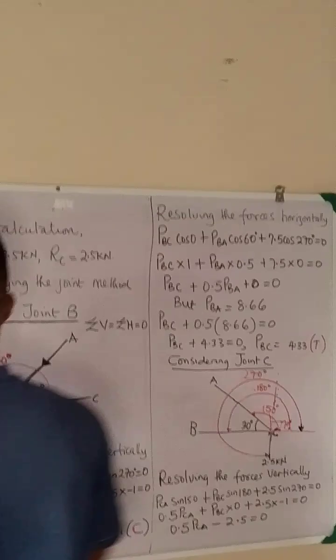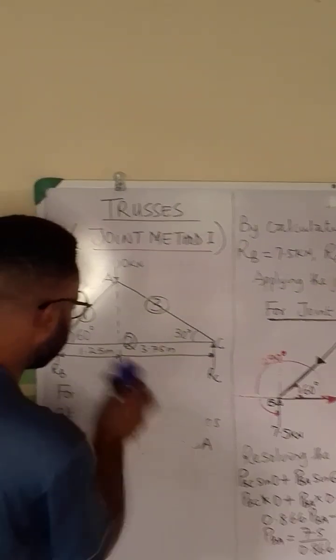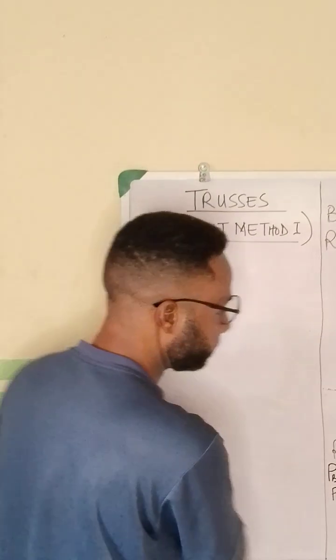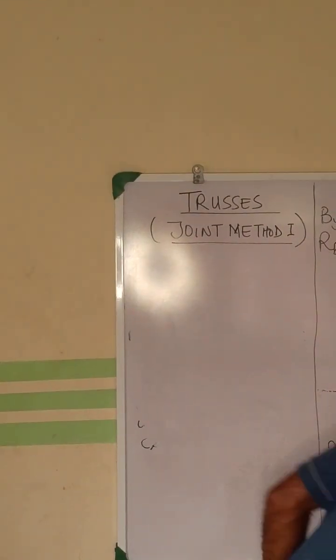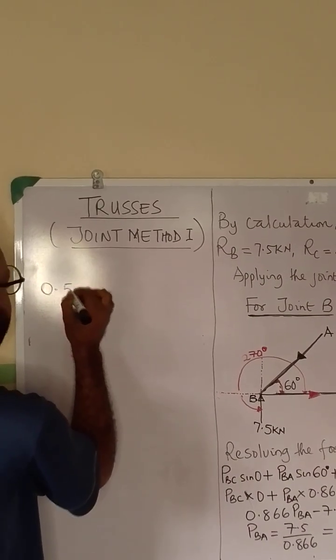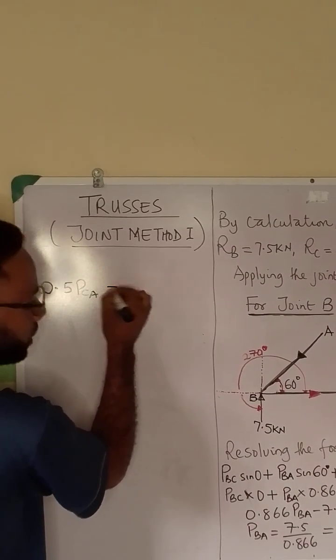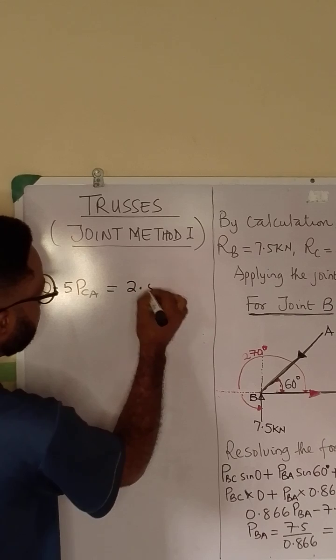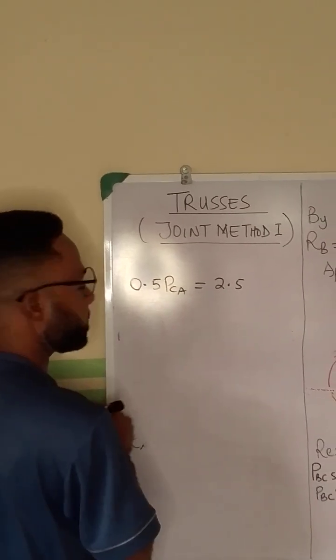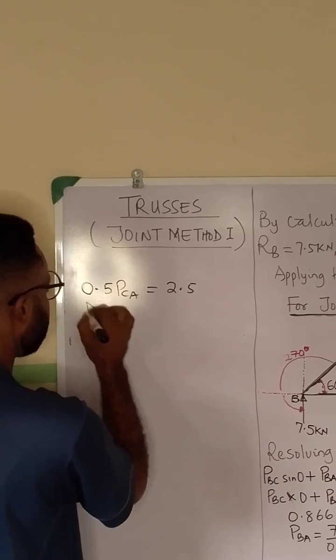So we continue the calculation from here. If we move this to the right hand side, we are going to have 0.5 PCA equal to 2.5. Because we are looking for PCA, we divide both sides by 0.5.